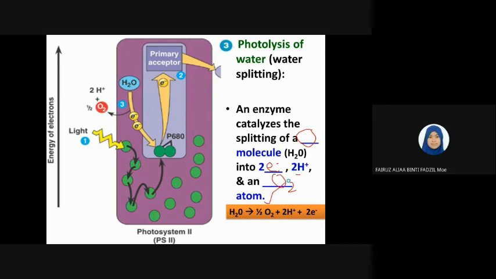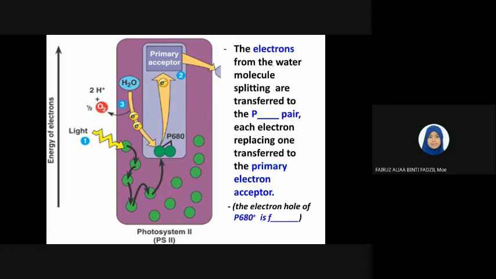The electrons from the water molecule splitting are transferred to the P680 plus, each electron replacing one transferred to the primary electron acceptor.